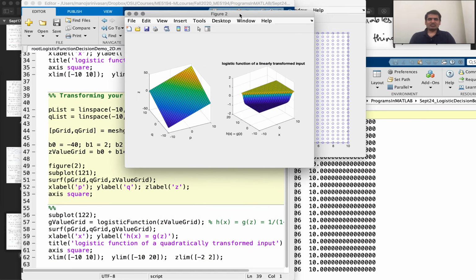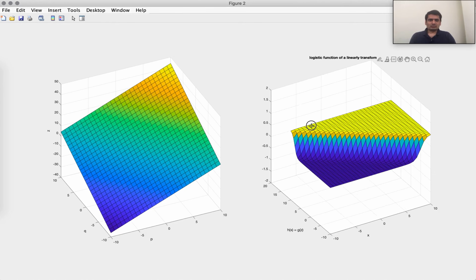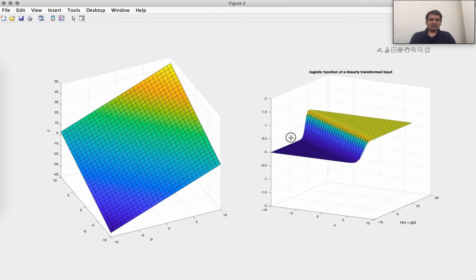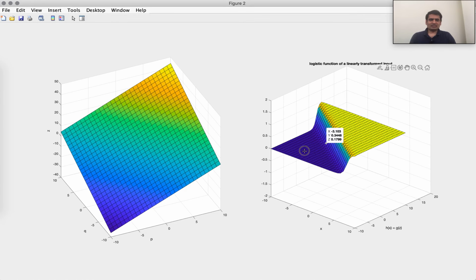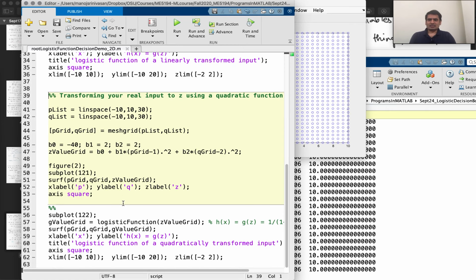Okay, so this is the logistic function applied to this plane. Let me just rotate this to show you what this looks like. Okay, so it's the same range, p, I should have said x instead of saying the same.